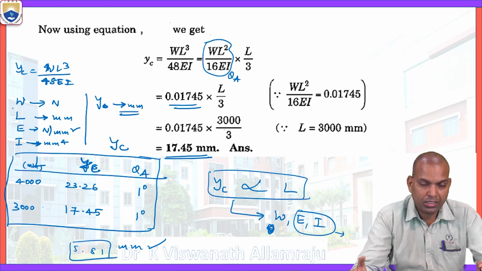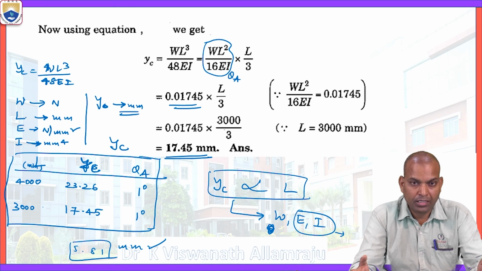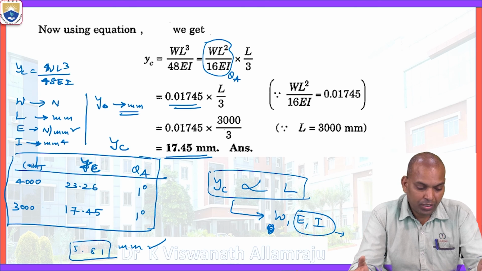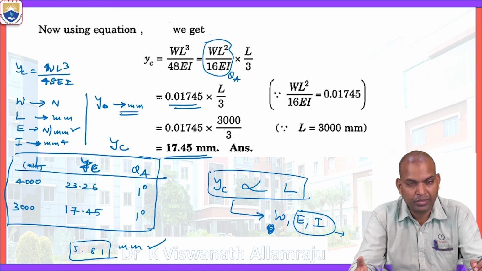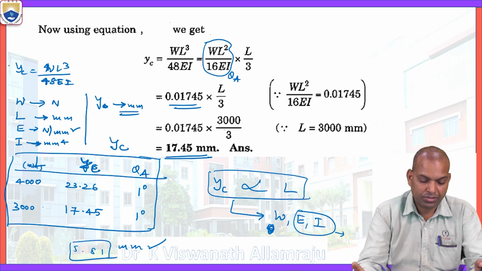If you are substituting in meters, you have to substitute all values in meters. Then the deflection value becomes in meters. And vice versa, if L is in millimeters, E should be in Newton per square millimeter, and I in millimeter to the power 4, then the deflection becomes millimeters.